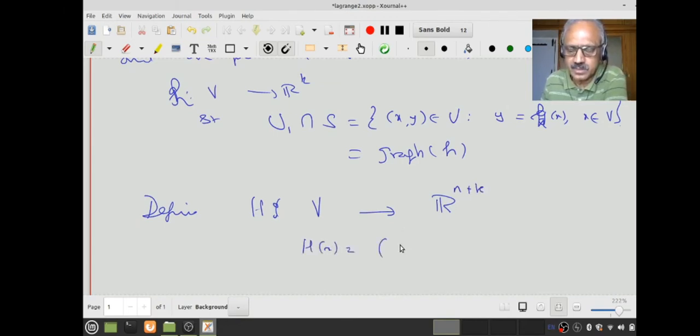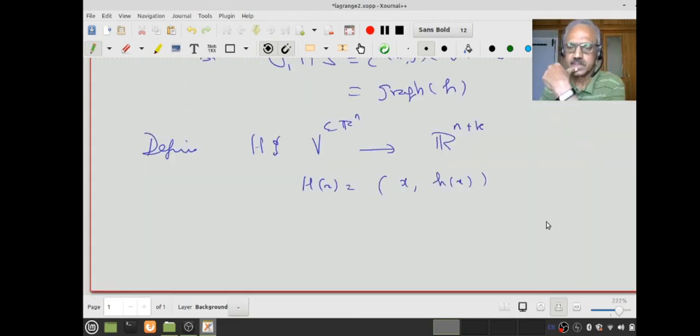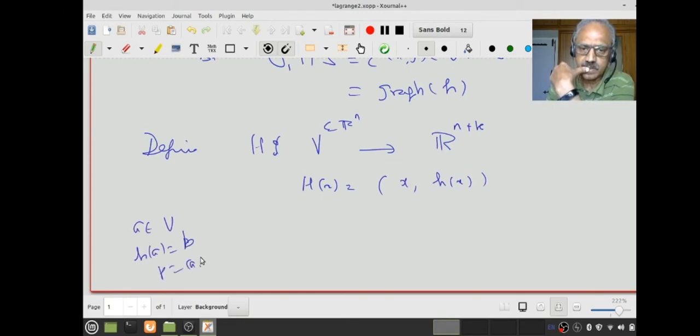Can you guess? Remember x is in R^n. h of x is (x, H of x). Now notice that a belongs to V and h of a is nothing other than b, so that P is (a, b). This is all part of the implicit function theorem.